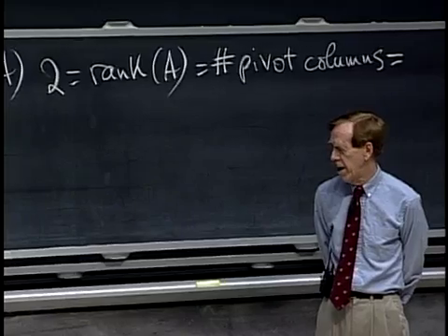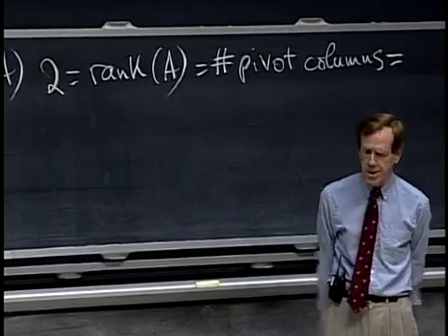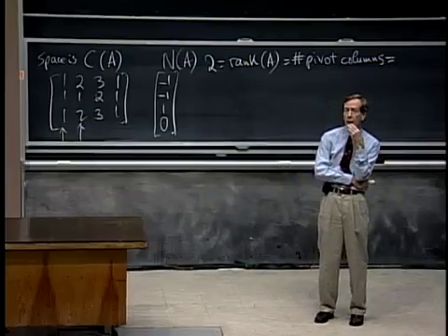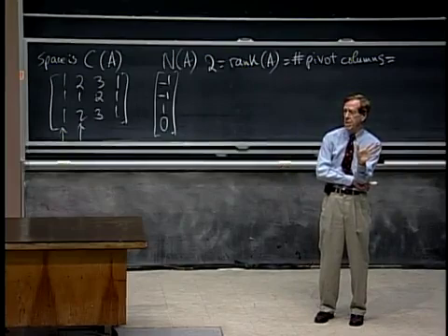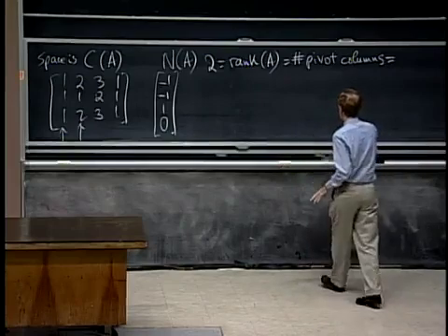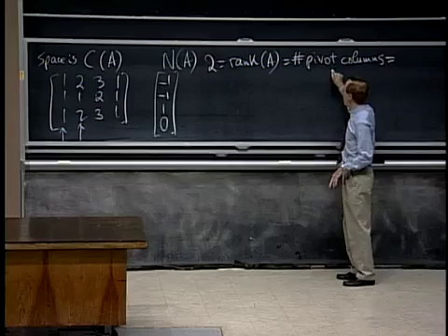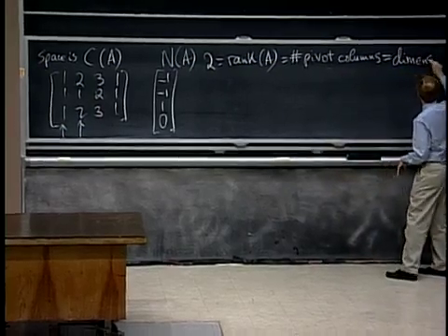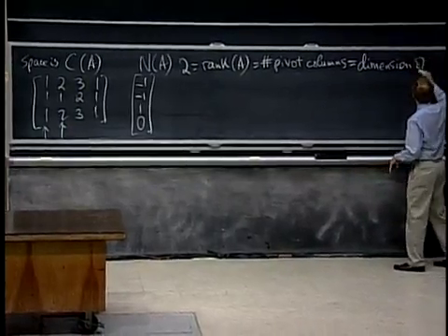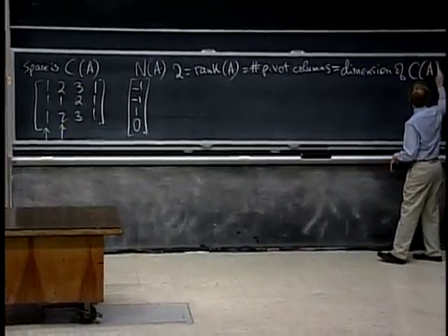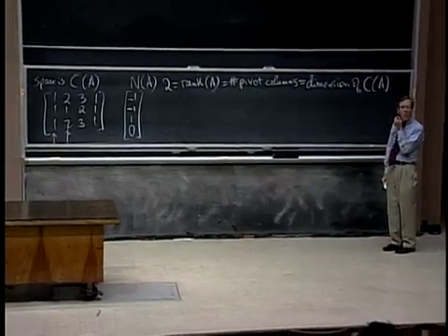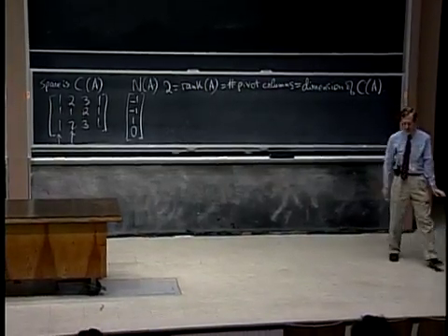It's the number of pivot columns. Those pivot columns form a basis, of course. So what's 2? It's the dimension. The rank of A, the number of pivot columns, is the dimension of the column space. Of course, you say. It had to be.